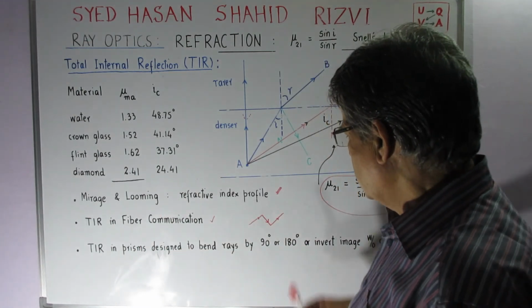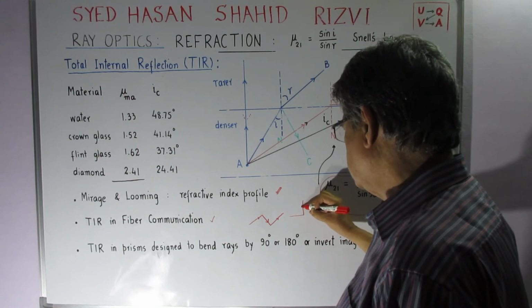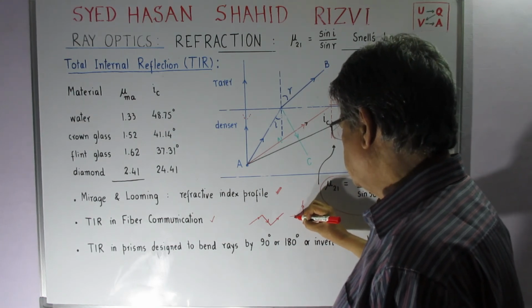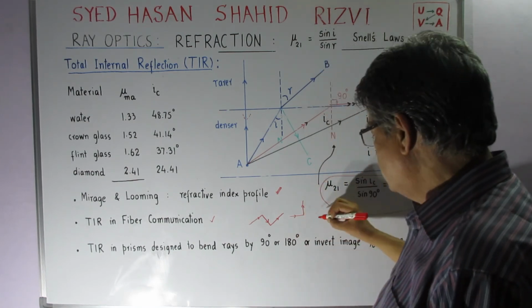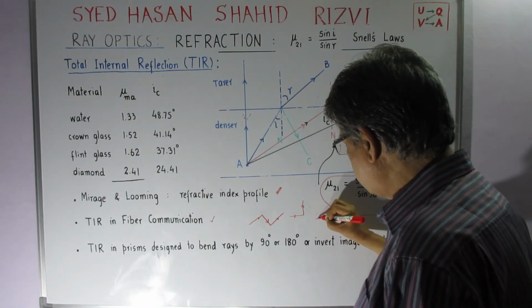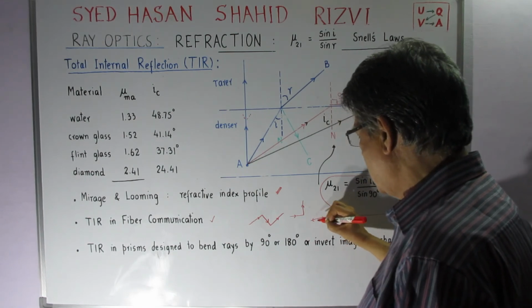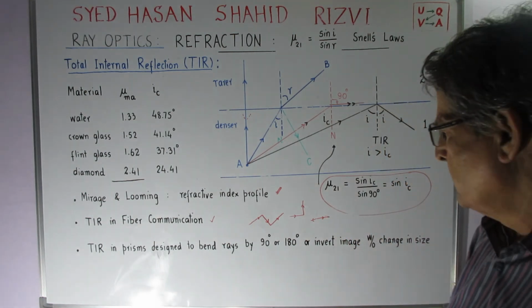They will bend the ray like this, through 90 degrees, or they will bend the rays that are coming back and trace them in the opposite direction with the phenomenon of total internal reflection.